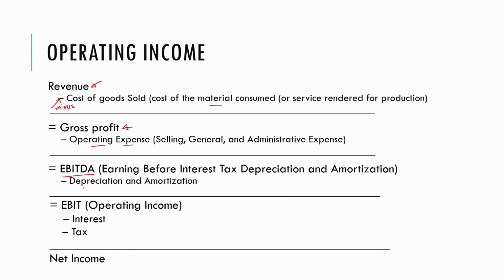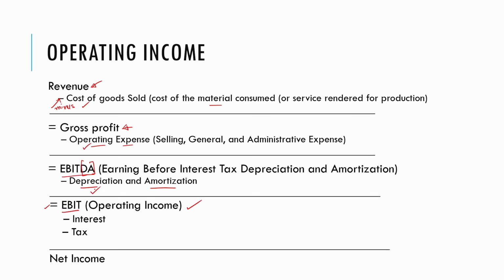Now, if you take out depreciation and amortization from EBITDA, you will get EBIT, and this EBIT is nothing but your operating income. So you can calculate the operating income in this way, directly from revenue, subtracting cost of goods sold, operating expense, depreciation and amortization.